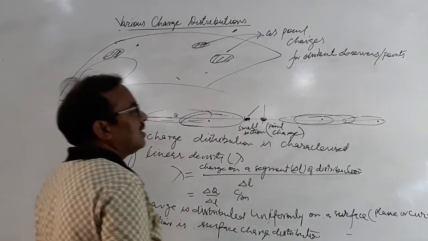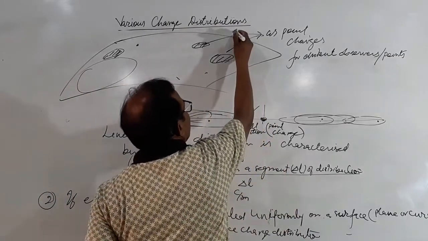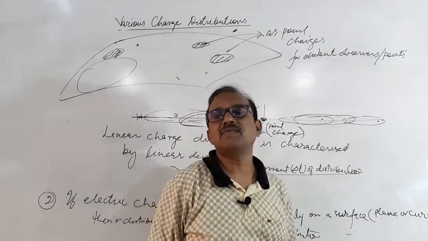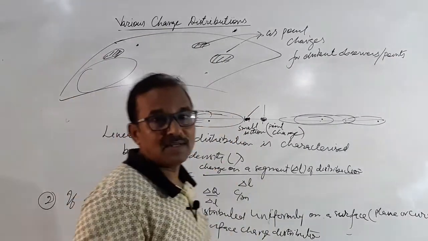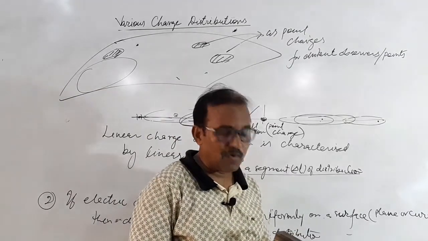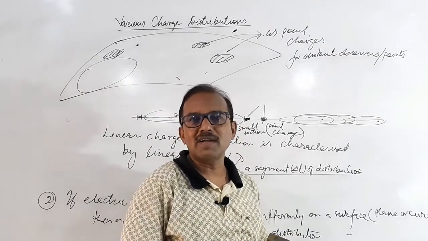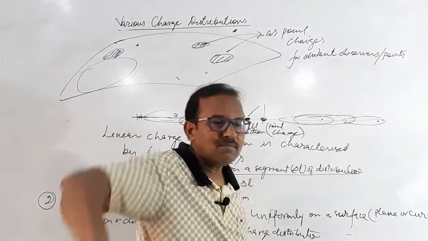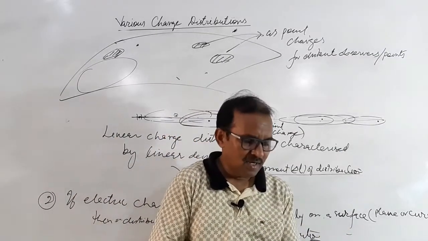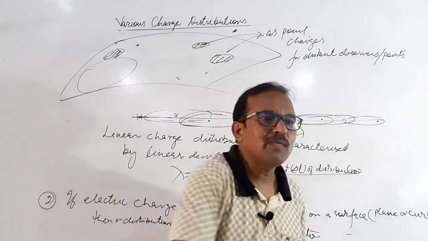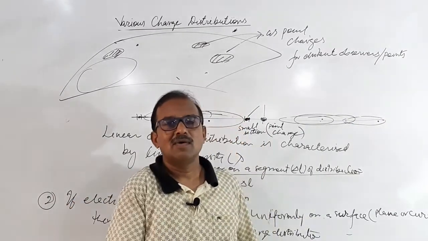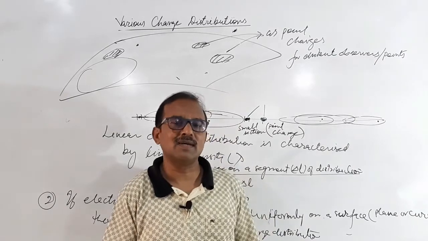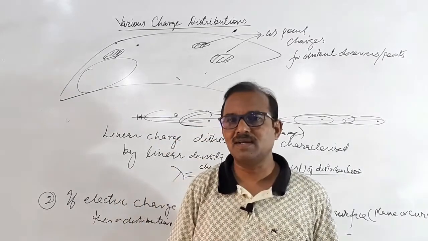So definitely, to the observer here, surface charge density is important. Total charge calculation is not really possible here, because total charge is not known. In the reachable zone, what is the amount of charge, or what is the density of charge here, is important.